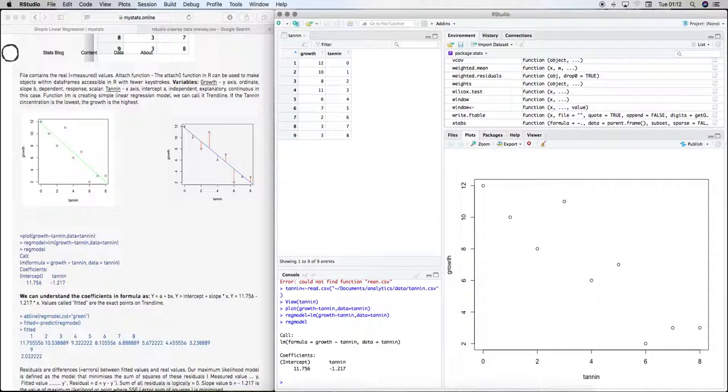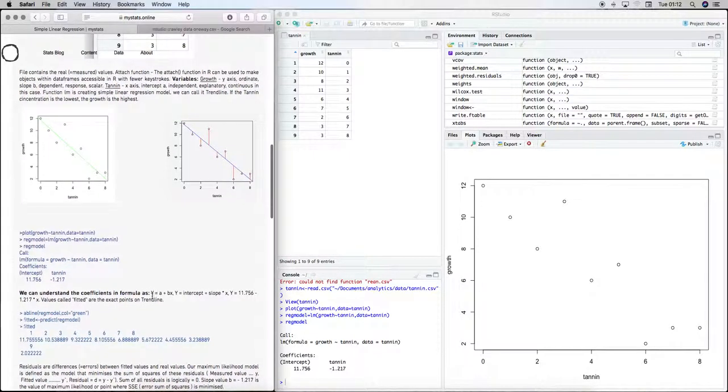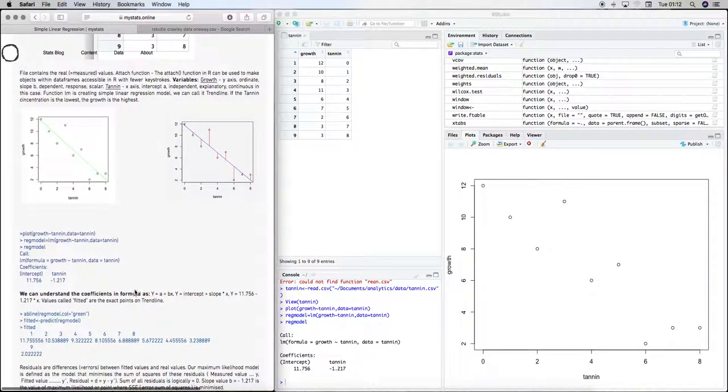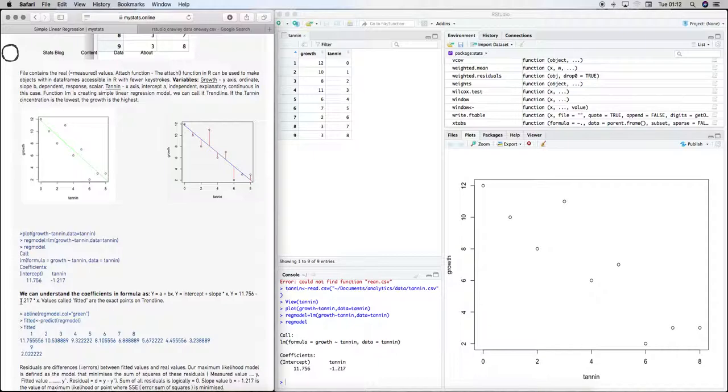You can see the intercept we could fit into our linear regression formula, y equals a plus bx. So a, which stands for intercept, would be 11.756, and b, which stands for slope, would be minus 1.217.